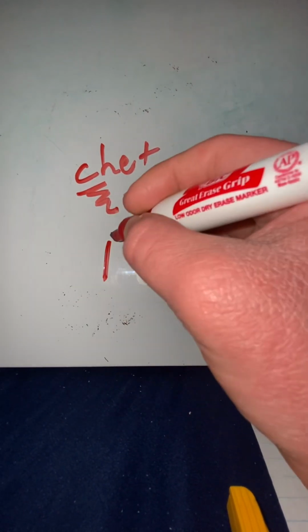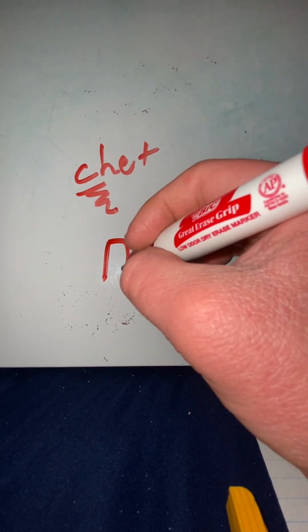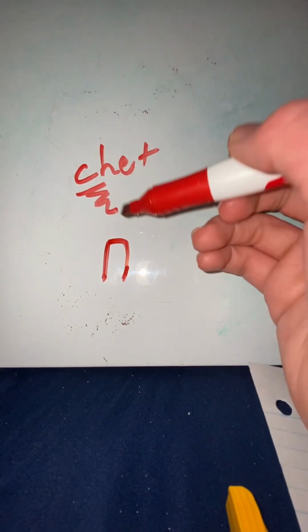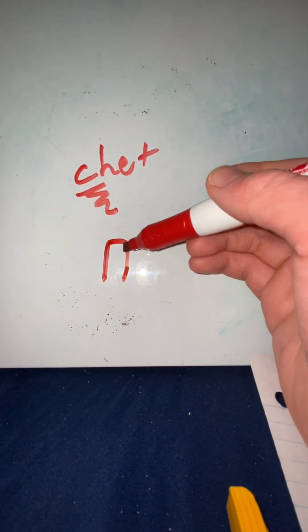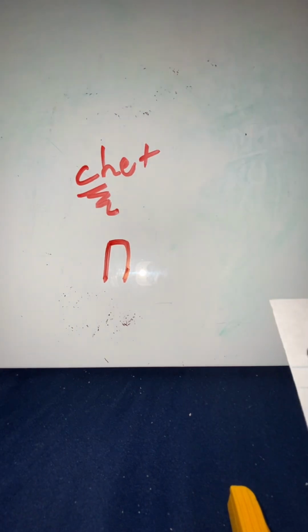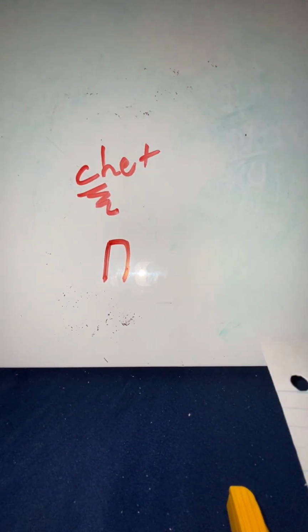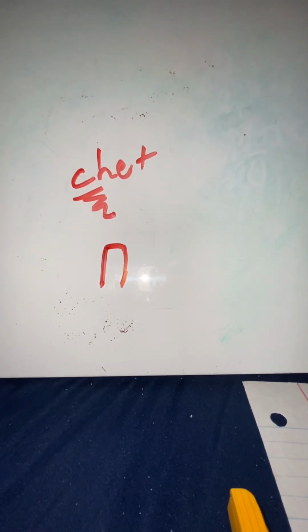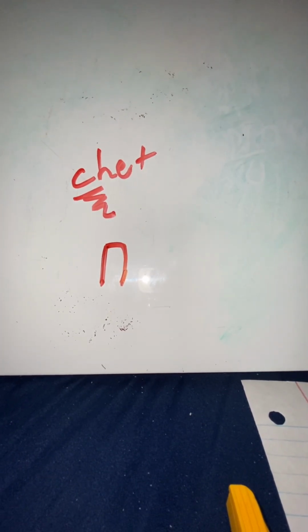Basically, this is like the letter hey, how you write it, but you're closing that gap, and it creates this letter called Chet. It makes a hard K sound with your throat.